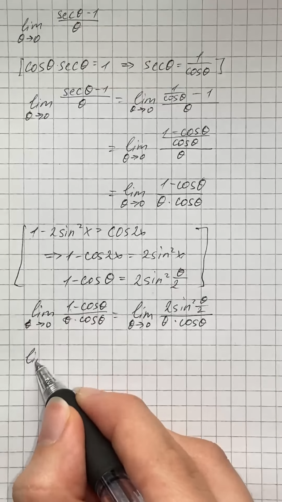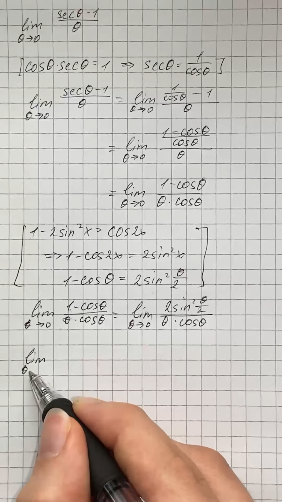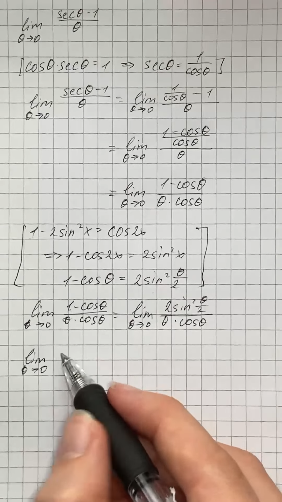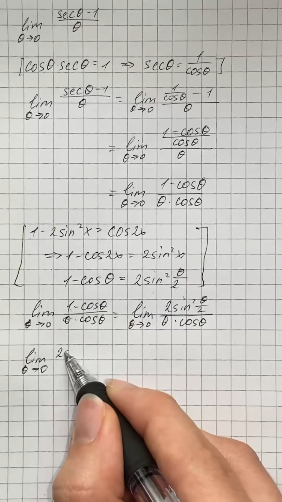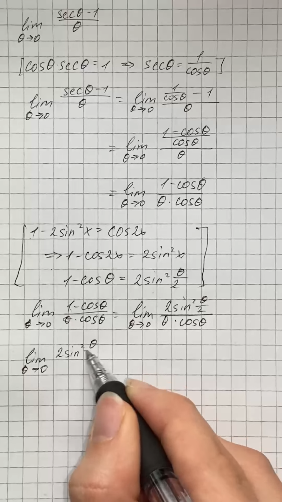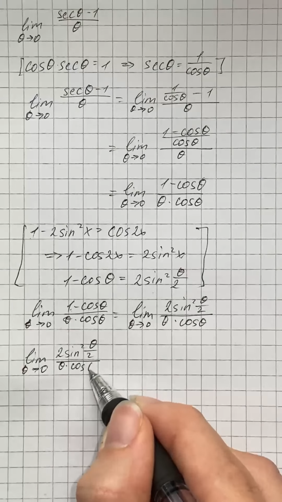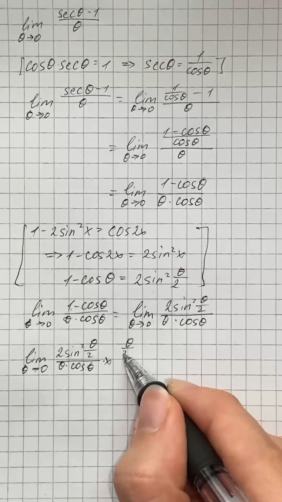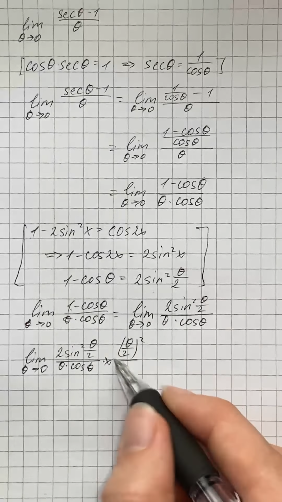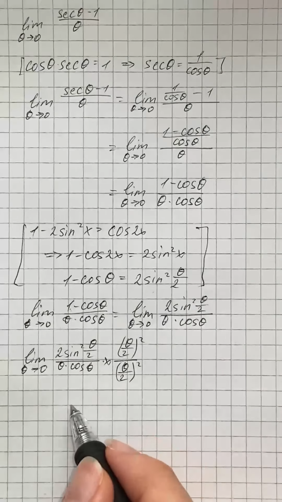Now we're going to multiply and divide our limit by theta over 2 squared. So we get the limit as theta approaches 0 of 2 sine squared of theta over 2 over theta times cosine of theta. So we multiply by theta over 2 squared and divide by theta over 2 squared.